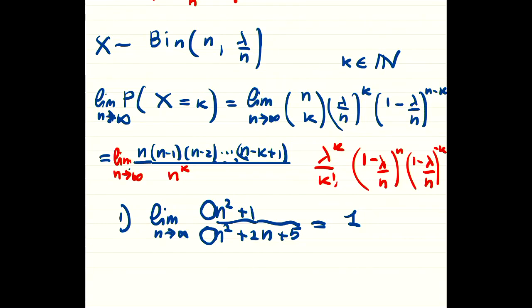Are you familiar with this? So you just look at the leading terms. You do not care about the rest, because those leading terms grow faster.